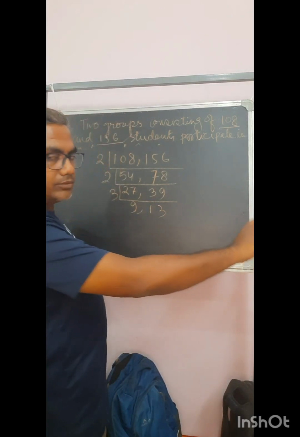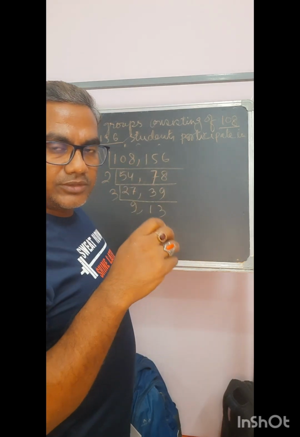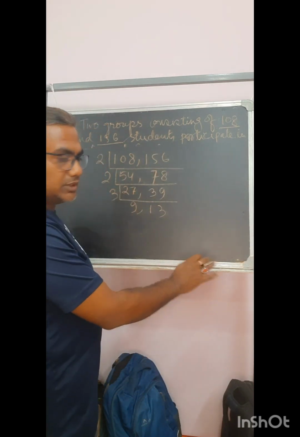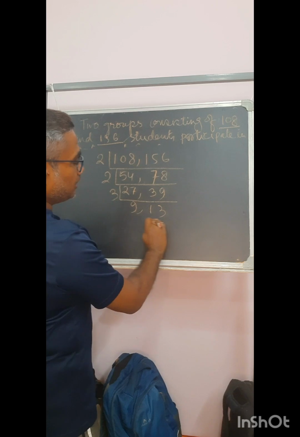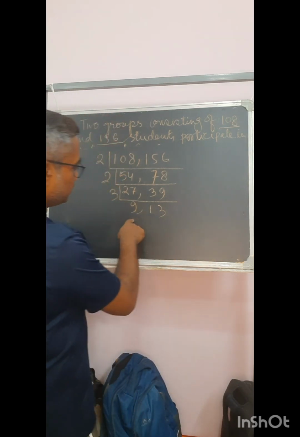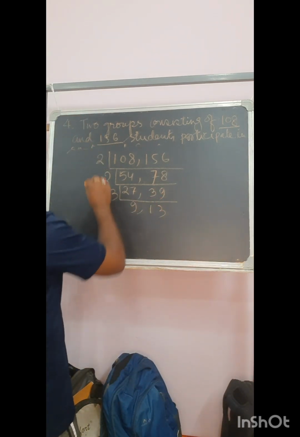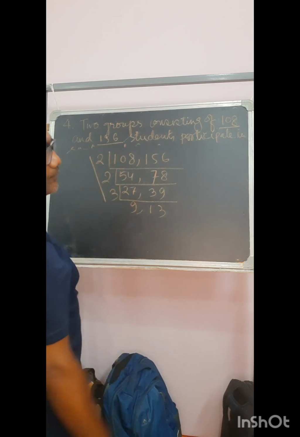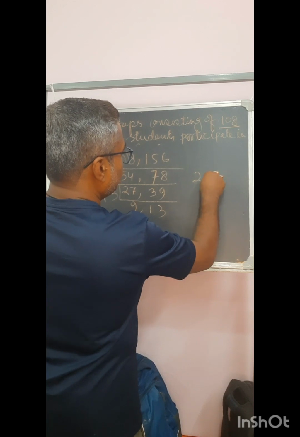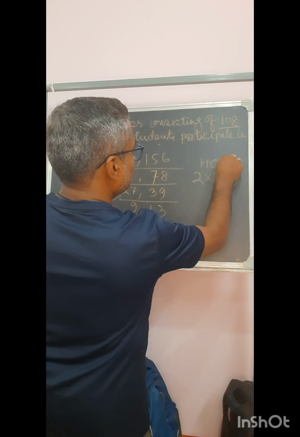Till you get 1, 1, 1 at the bottom, you continue, even if it is a divisor of only one number or many. But for HCF, you have to do it only till you get a common divisor. So here, 9 and 13 have no common divisor. So I will stop here, and I will consider these 3 numbers for the HCF. If I multiply these 3, I will get the HCF of these 2 numbers.